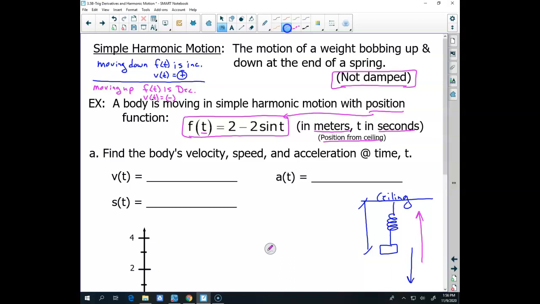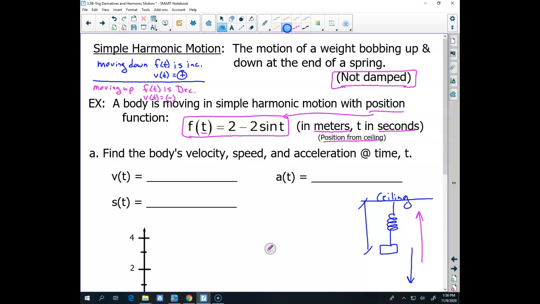What these simple harmonic motion problems do is they are a specific application of displacement, velocity, and acceleration, which are in trig functions. They show how these three functions relate to each other, meaning displacement, velocity, and acceleration.